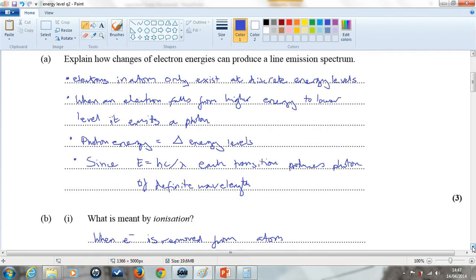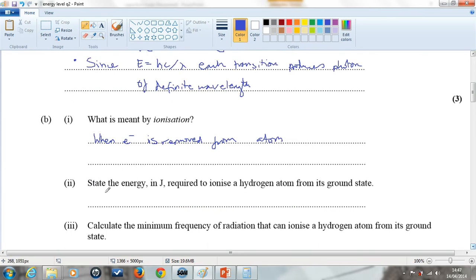So the energy needed to ionize it is simply 22 times 10 to the minus 19 joules, and we could tidy that up, stick it in standard form, 2.2 times 10 to the minus 18 joules.